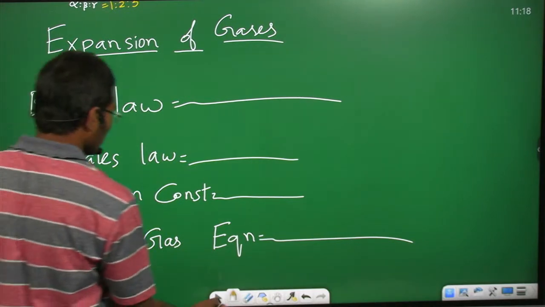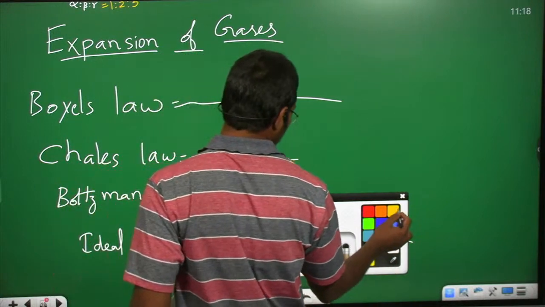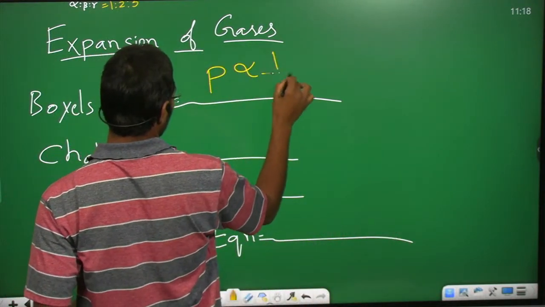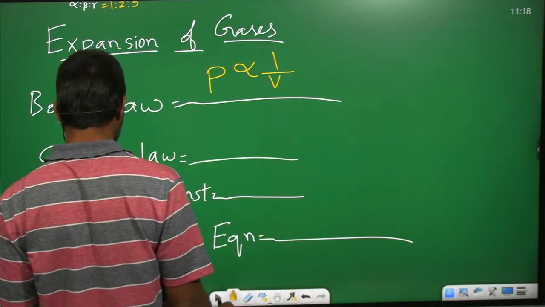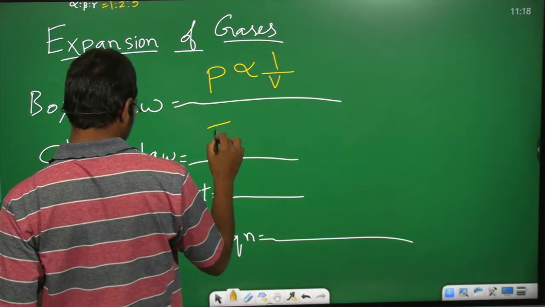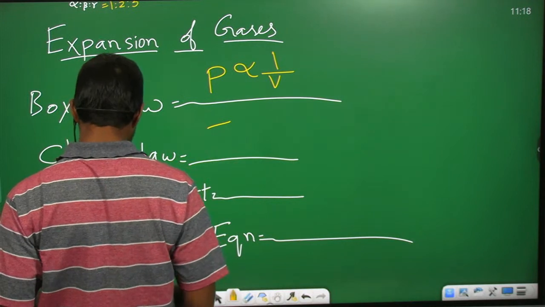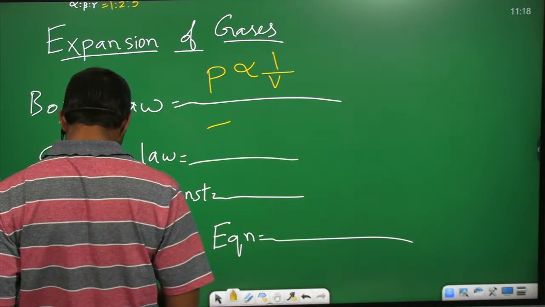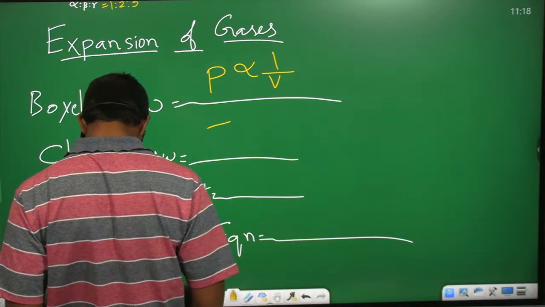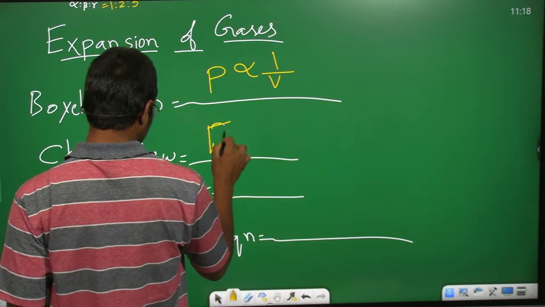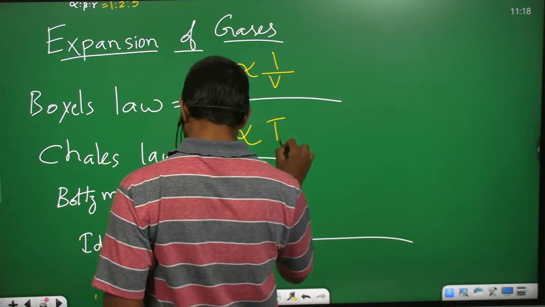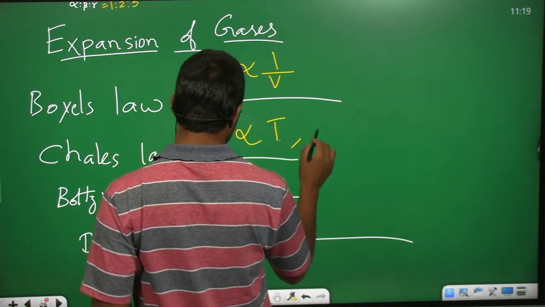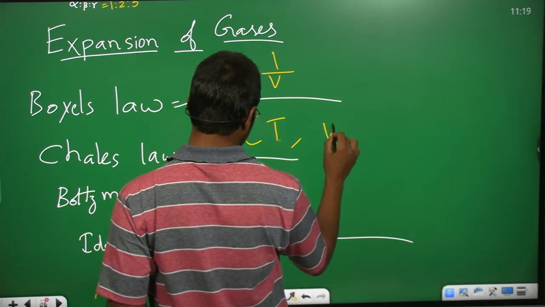What is Boyle's law? Pressure is inversely proportional to volume. What is Charles' law? Is it pressure or volume? Pressure is directly proportional to temperature. This is Charles' second law, and Charles' first law: volume is directly proportional to temperature.